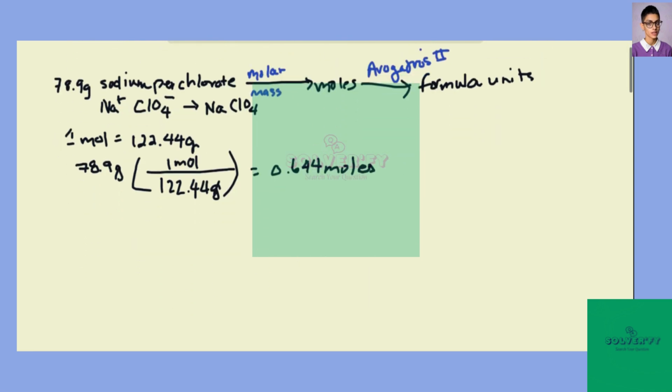To find the equivalent in formula units, I take my number of moles and I multiply by Avogadro's number.